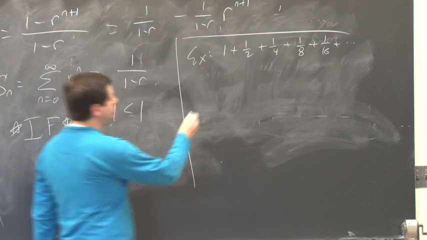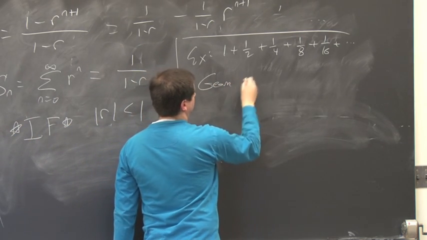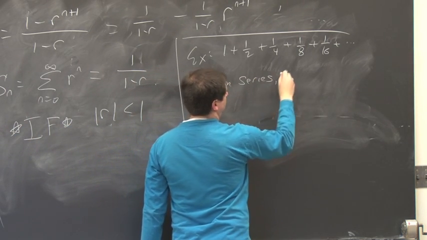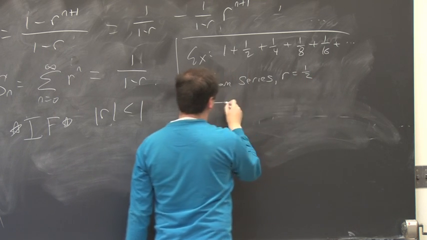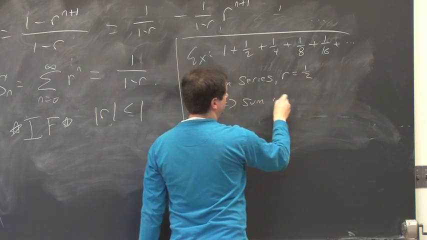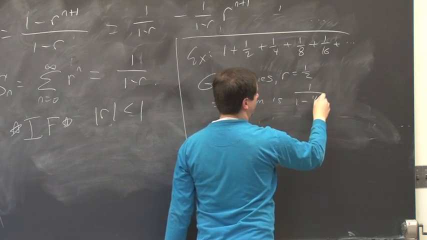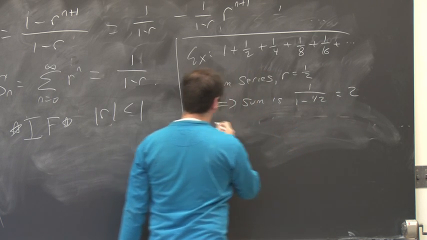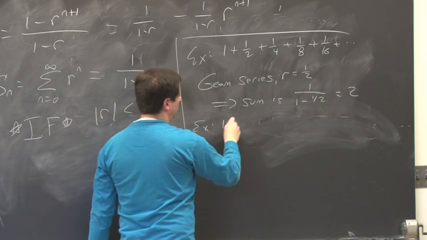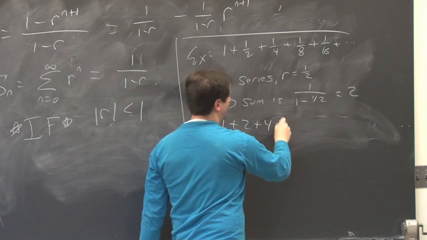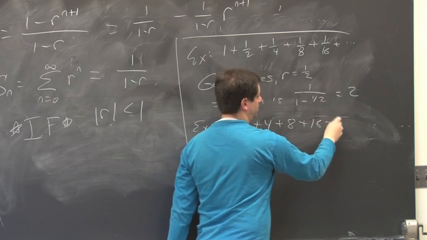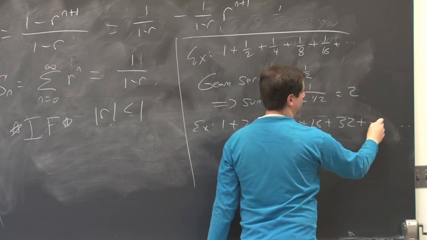So this is a geometric series. r equals 1/2. Therefore, the sum is 1 over 1 minus 1/2, which is 2. All right. What about 1 plus 2 plus 4 plus 8 plus 16 plus 32?